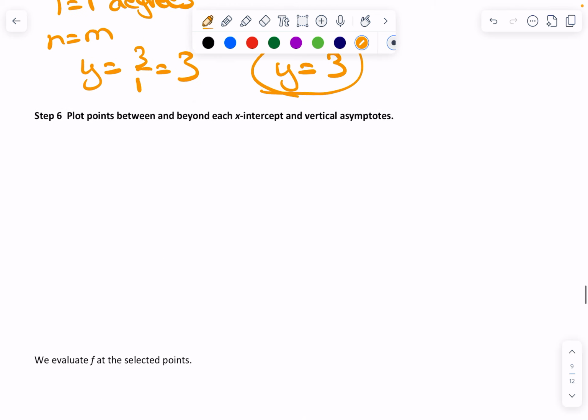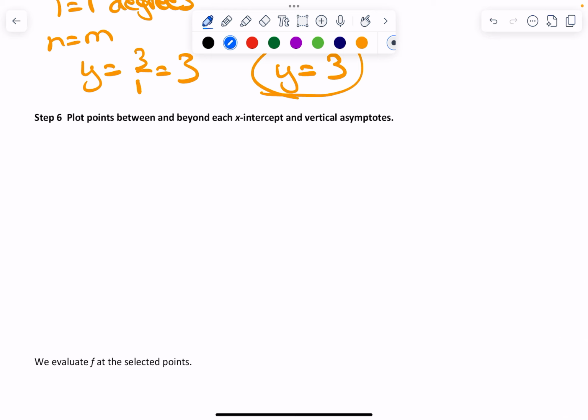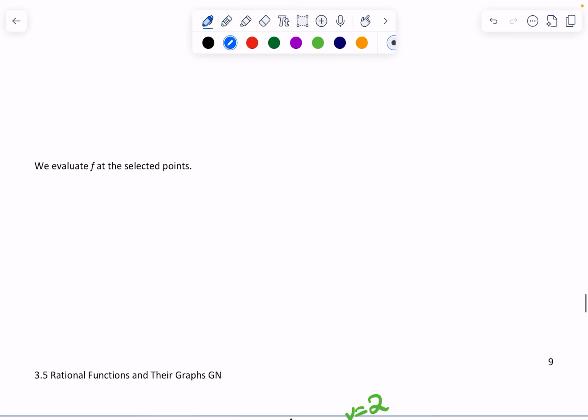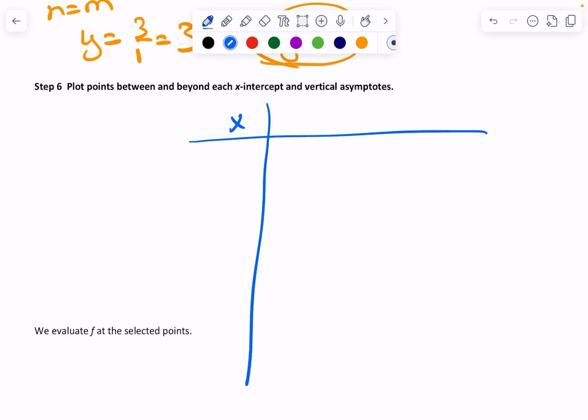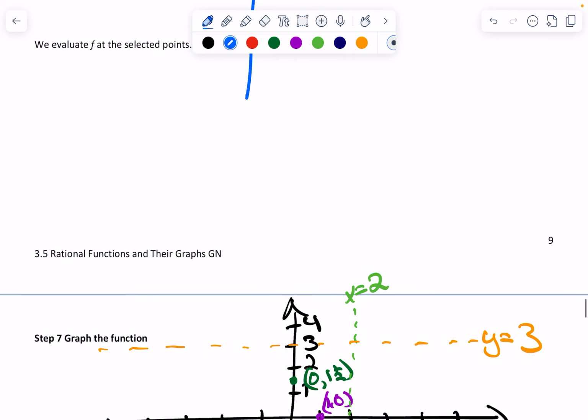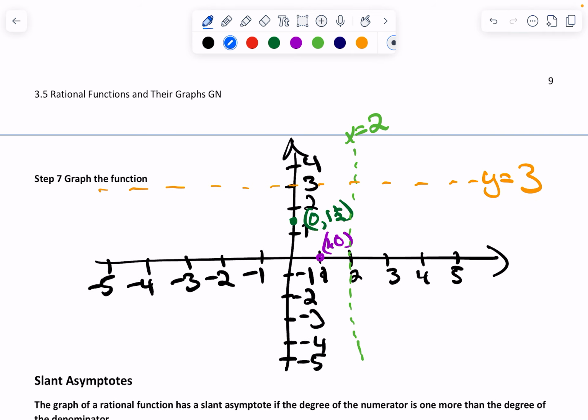Now, next step is plot points between each x-intercept and vertical asymptote. We're going to do a table here, and we evaluate f at the selected point. Our y is 3x minus 3 divided by x minus 2. Let's look at our asymptotes and our points.